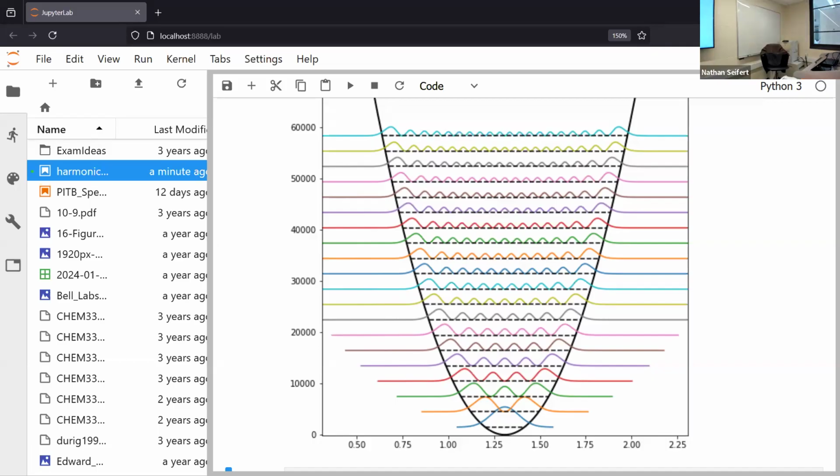And what that means is, again, as you put more and more energy into the bond, it spends longer and longer time at the edges, at the turning points. Remember that the way that the spring evolves is that when it's at the turning points, it has no kinetic energy. So it stays there for the longest amount of time. There's no velocity or no acceleration at those points.